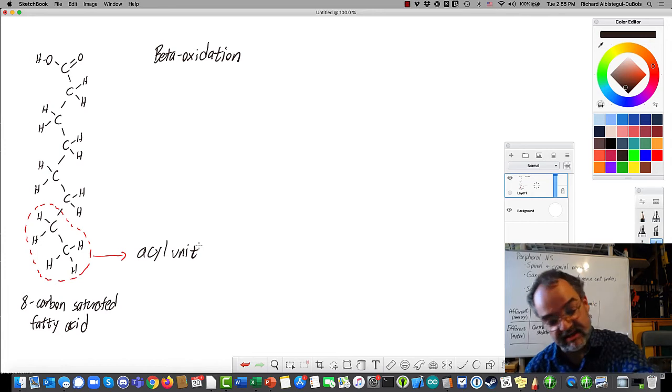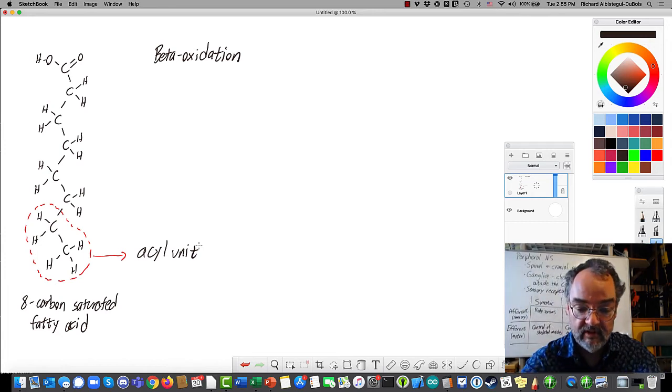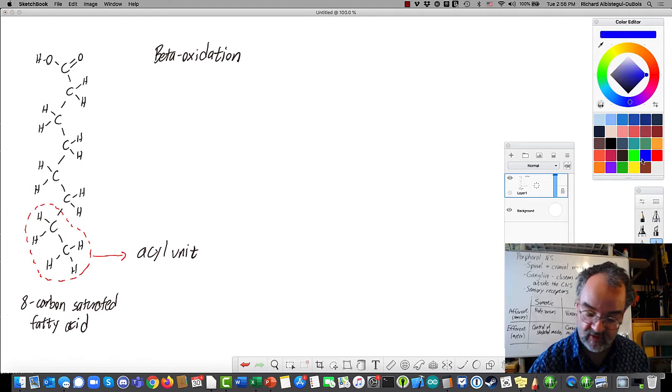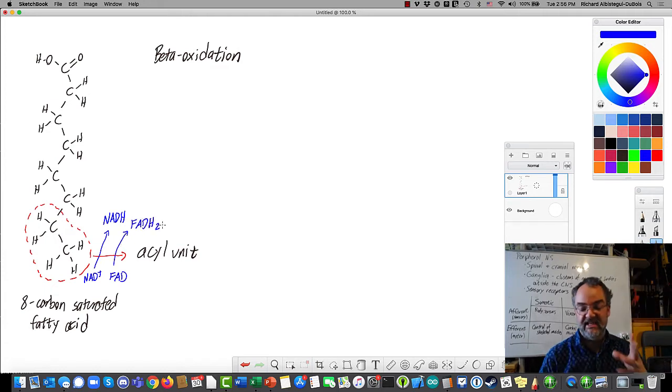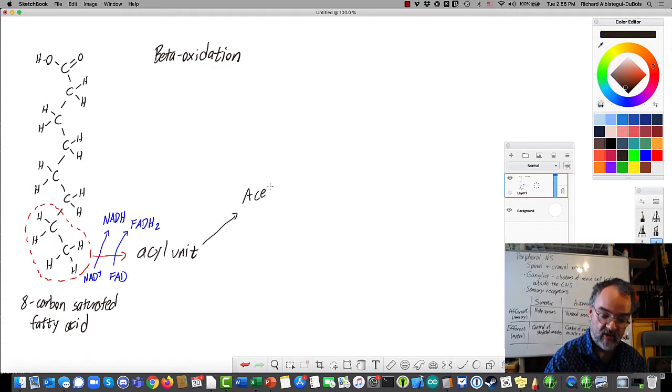And in the process of breaking off those last 2 carbons, we're actually going to get an NAD plus becoming an NADH and an FAD becoming an FADH2. Those come just in that process of beta oxidation, which is breaking off the last 2 carbons of the fatty acid. That acyl unit then gets converted to an acetyl-CoA, which can go through the Krebs cycle.